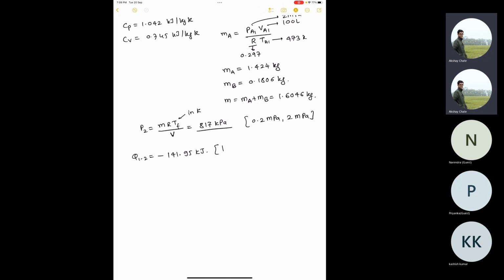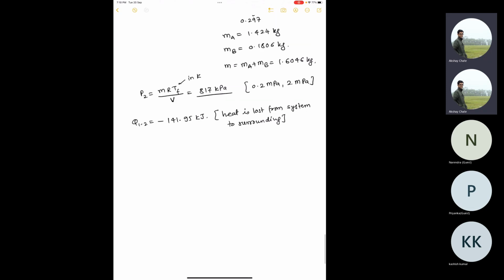So basically, heat is lost from the system to the surroundings, right? Because of our usual sign convention, when it is negative, we are losing heat.